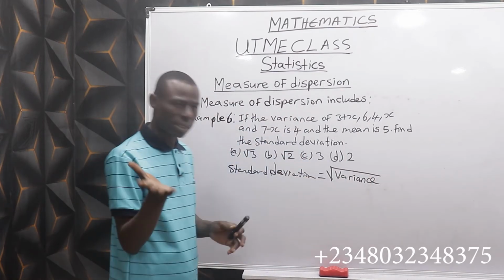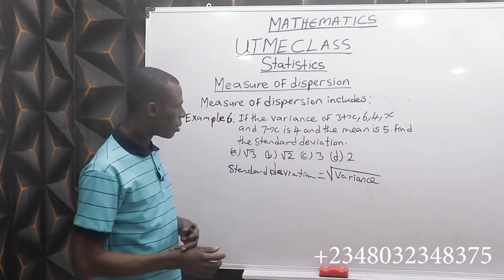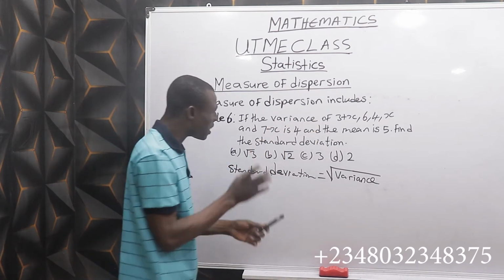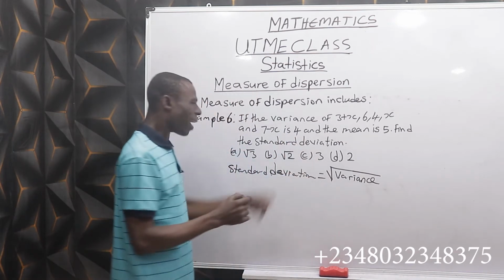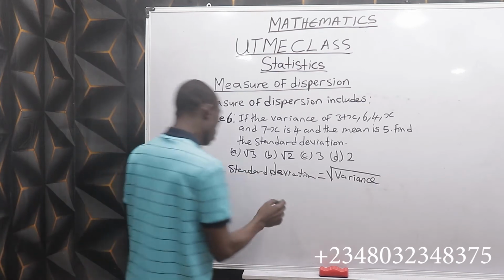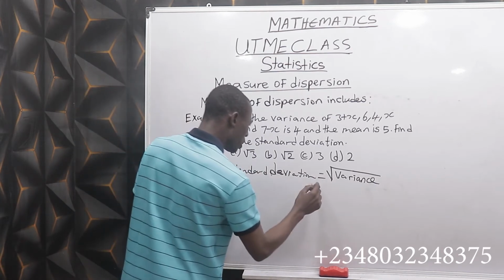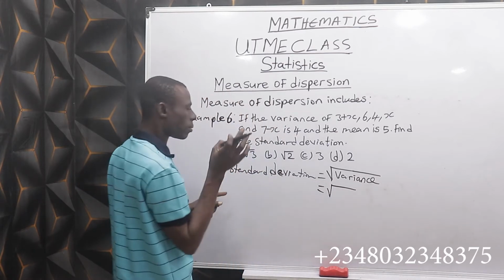That is irrelevant. Find the standard deviation. What matters in all this is the variance you have been given and the standard deviation that you have to find. And you know that standard deviation is equal to square root of variance.